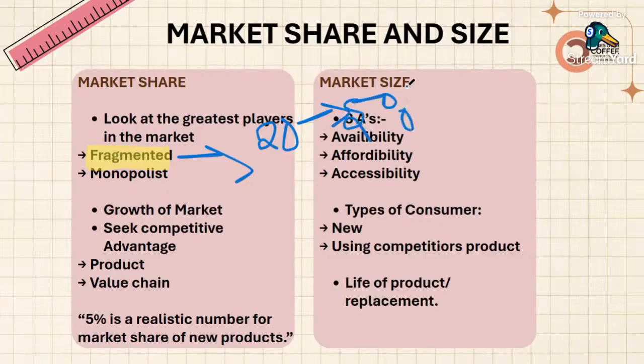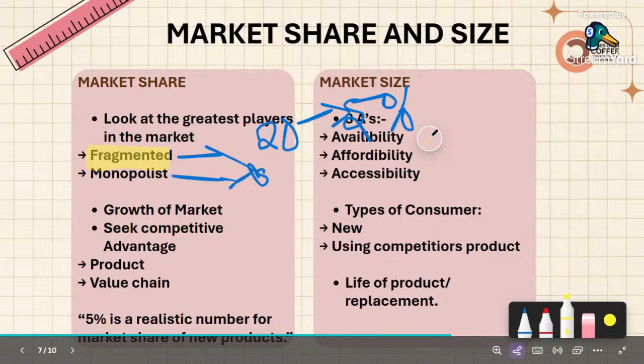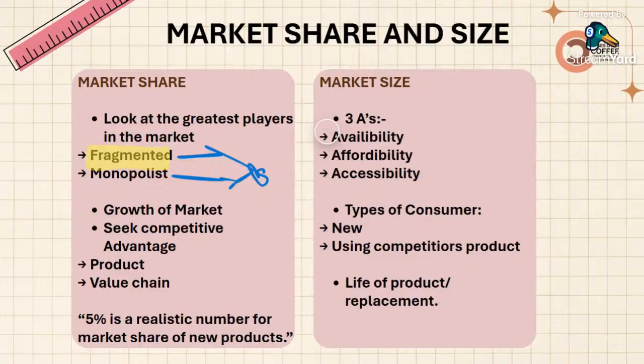Then it is a fragmented market. And let's say there is a monopolist market where there are very few players and they own the majority of the market share. From this we need to make certain decisions on whether the company should enter into this market or not.